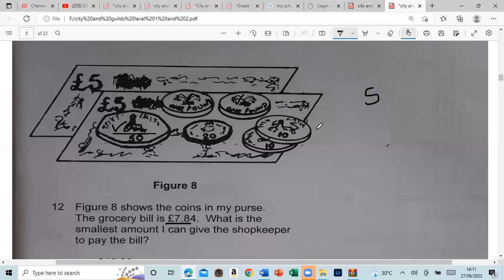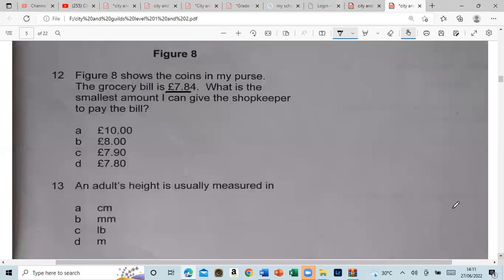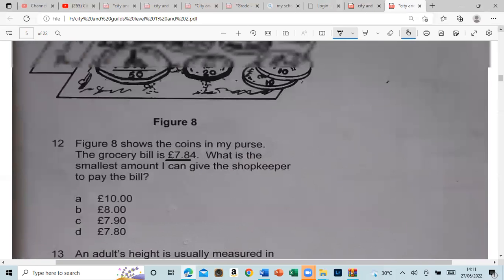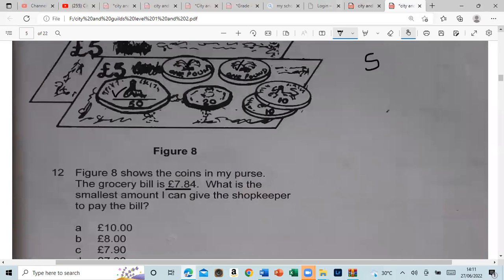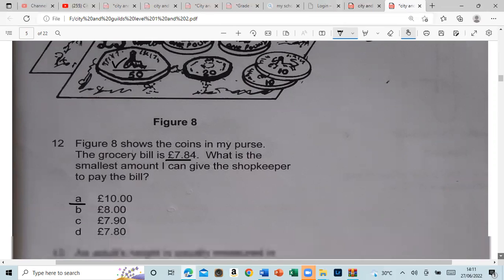Need one more, but that's $7. Let's see what it is. £10, $8.78. Oh, they give you options. I'll go with the £10 because I can get back change.